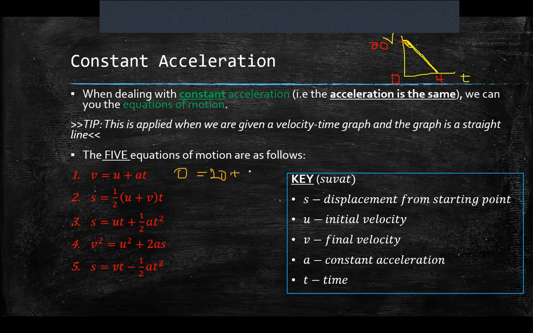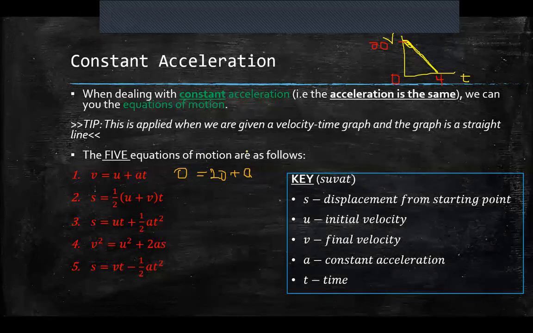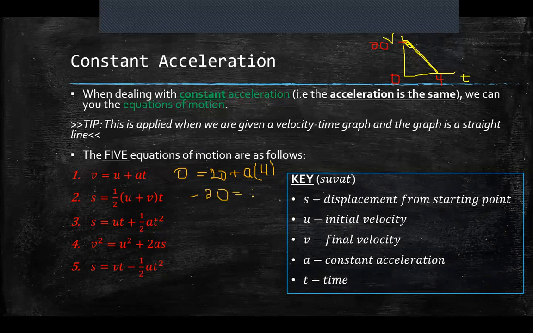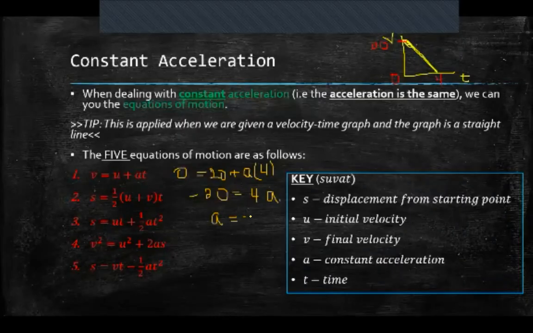Plus A is what I want to find. And t, how long did it take me to get from this point to this point? Well, they told me it's 4 seconds. So 0 = 20 + 4A, and then you would find the value of A. So this is minus 20 is equal to 4A. Therefore, A has to be equal to -5 meters per second squared.